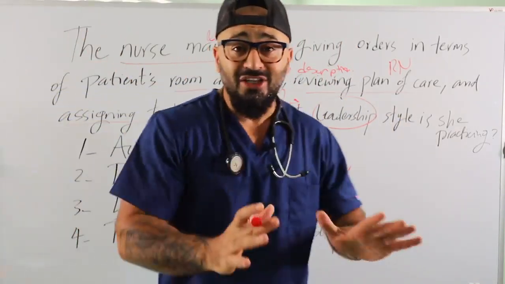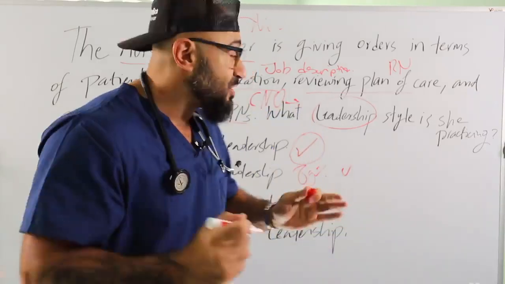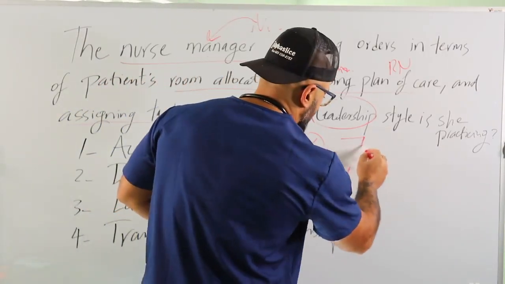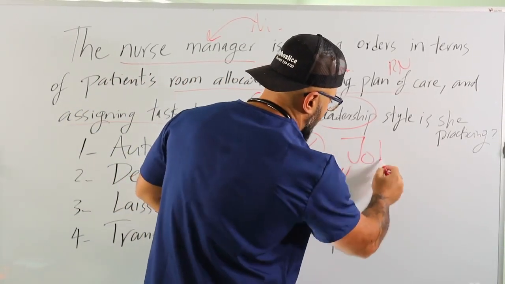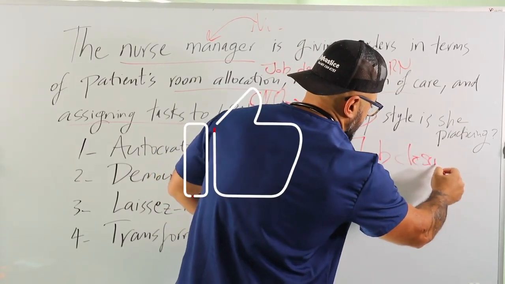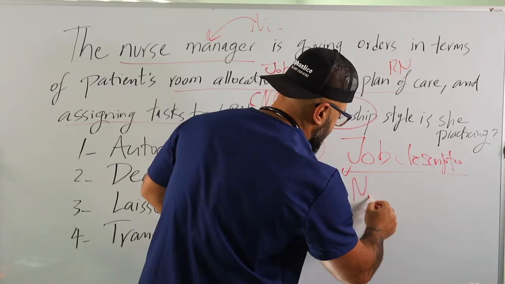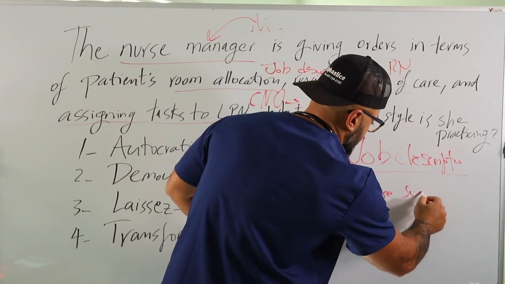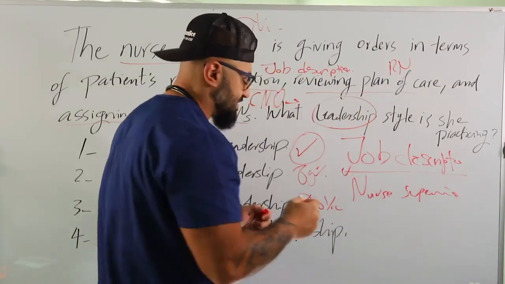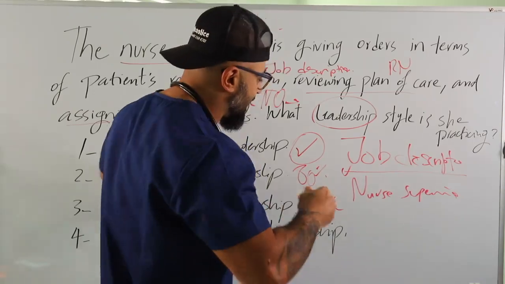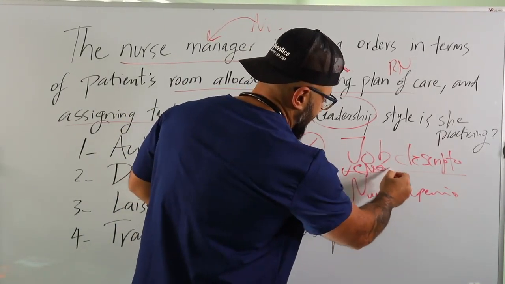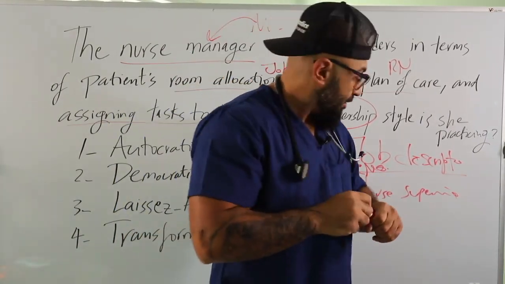Now, I'm gonna talk briefly about the job description, all right? So job description or job role of nurse supervisor. What does the nurse supervisor do, right? So you've got the CNO, we're not gonna talk about it. But you've got chief nursing officer, and then you've got nurse supervisor.